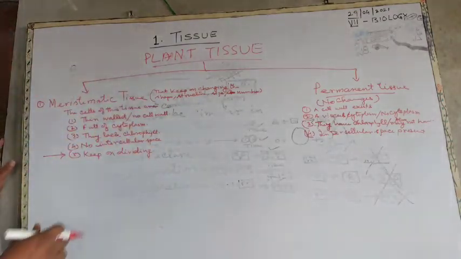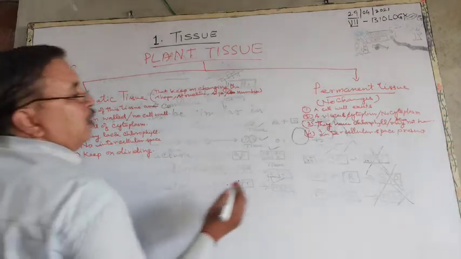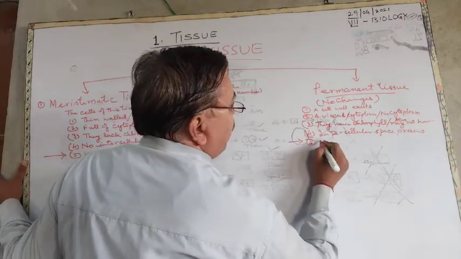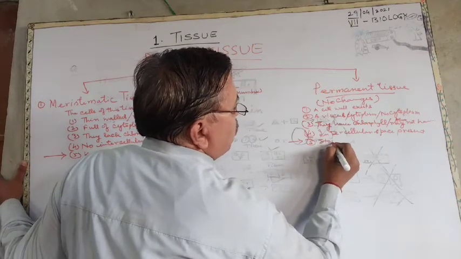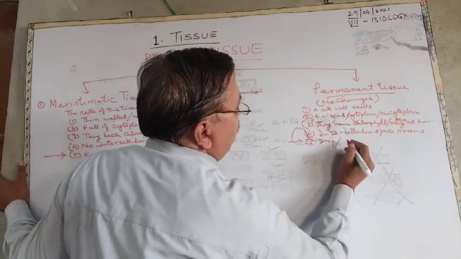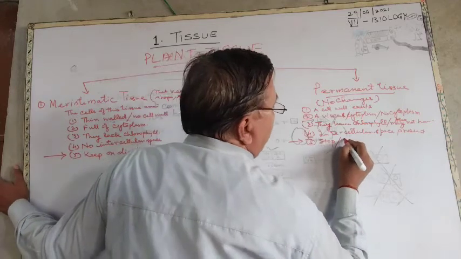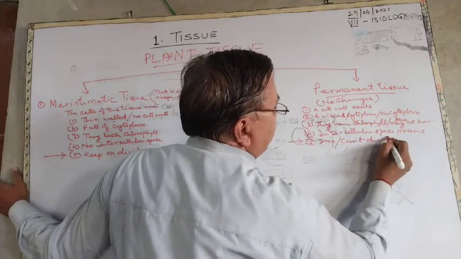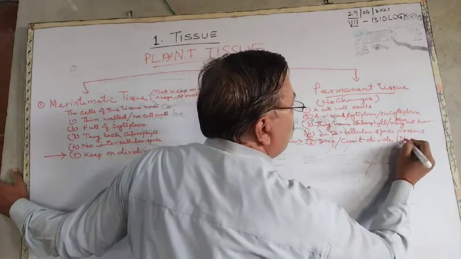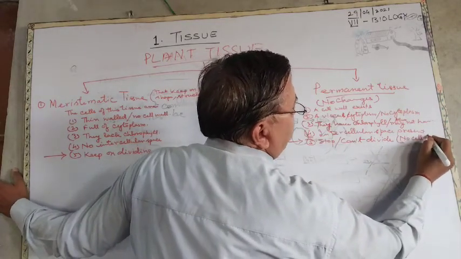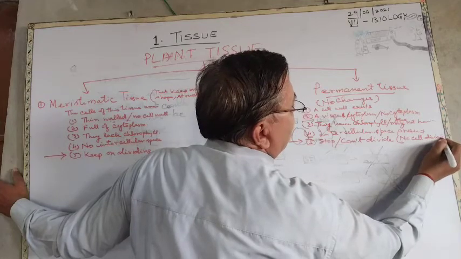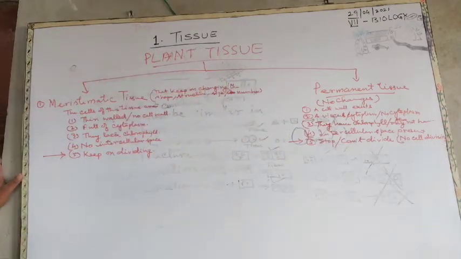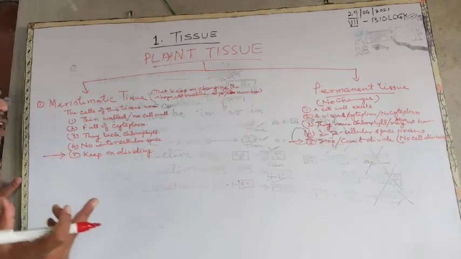And the fourth thing, keep on dividing. And this fifth point is very important here. If they lose the ability, they can't divide. You can write no cell division. As you know, if no cell division, no growth, and no growth means they will not cause development.